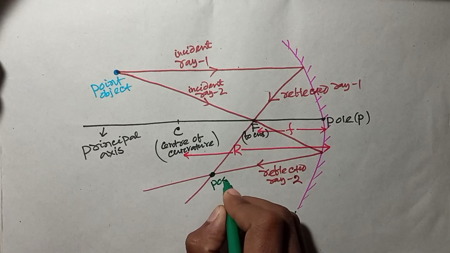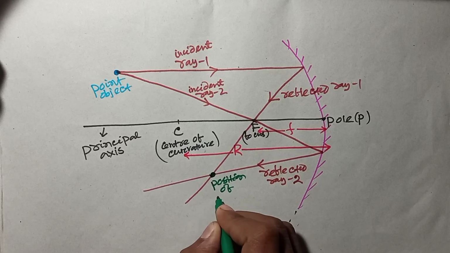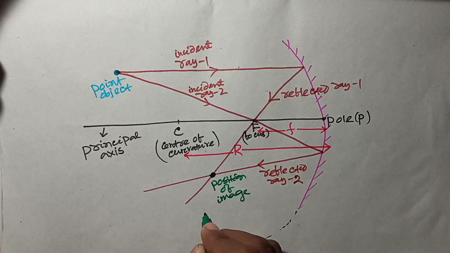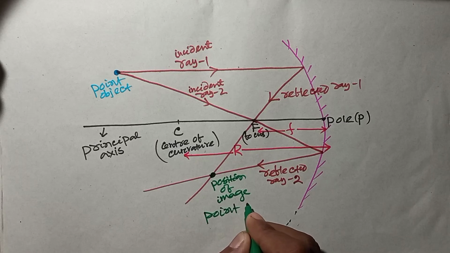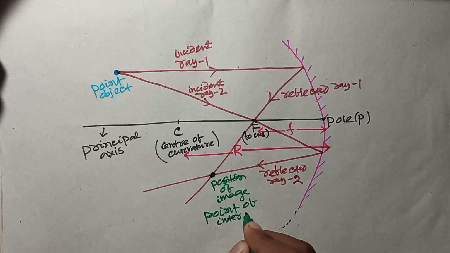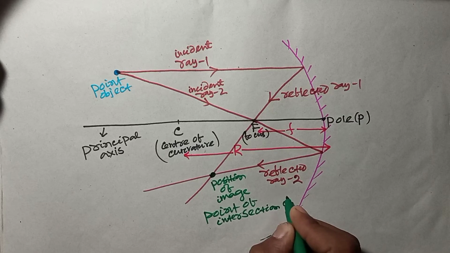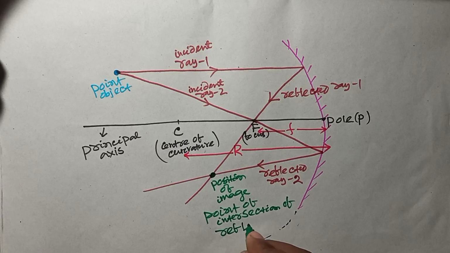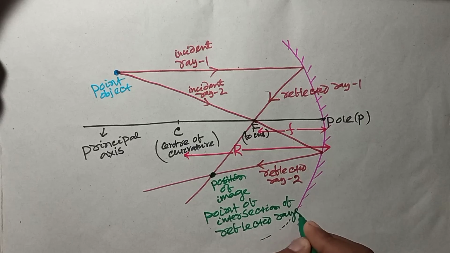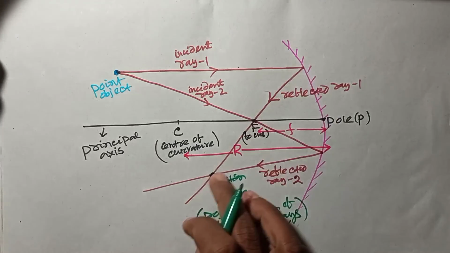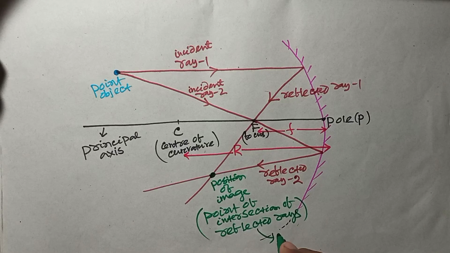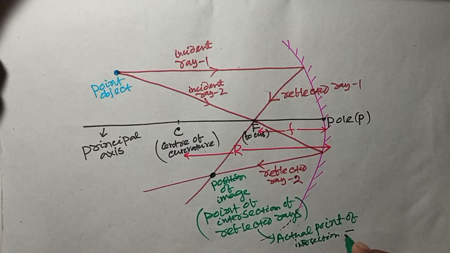So this will be your position of the image. Since this is the actual point of intersection, the image will be a real image. Okay.